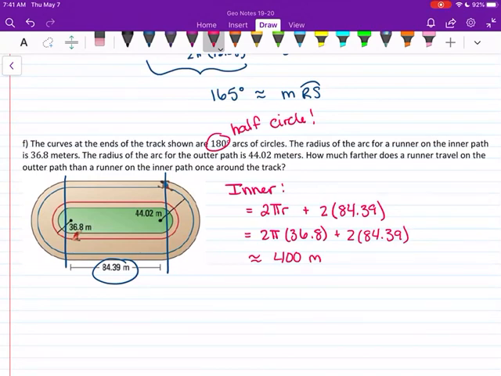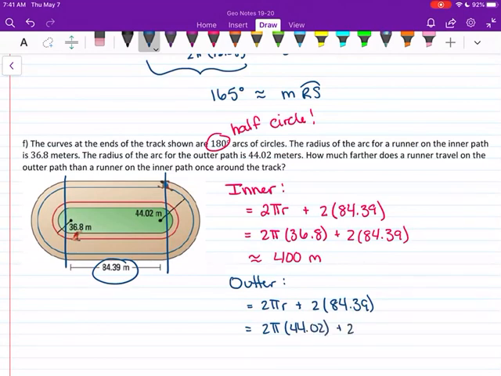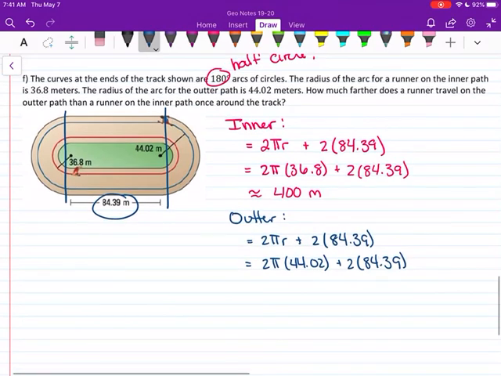And so let's talk about the outer path now. So the outer path is blue. And so the outer path, we would do the same thing. So we get 2 pi r plus 2 times that 84.39. And in this case, my r is 44.02. And so now, I did not figure this one out yet.